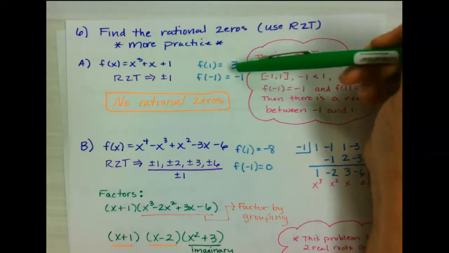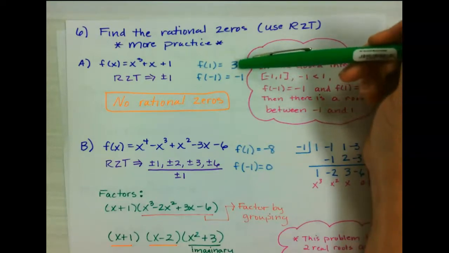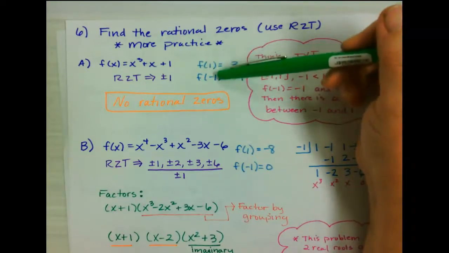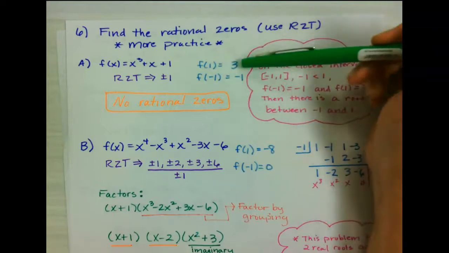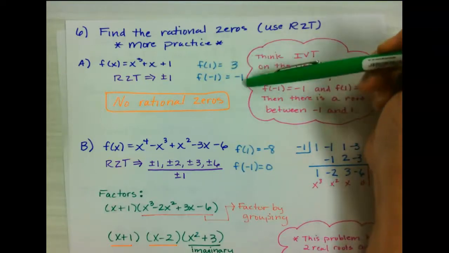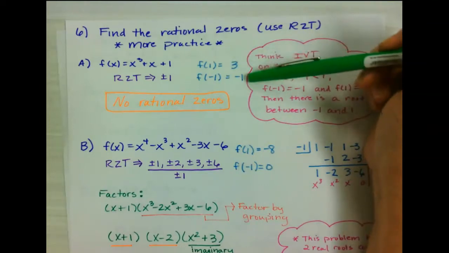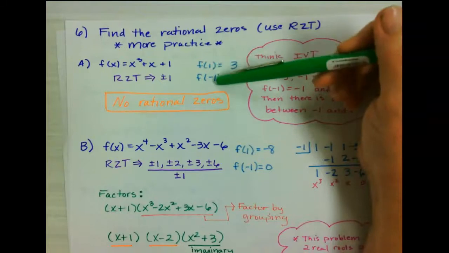And so what that means is I have an interval from 3 to -1 going on the x values from -1 to 1. Well, we know that by IVT, this guarantees if my y values change from positive to negative, that I have to have a 0 somewhere between these two.